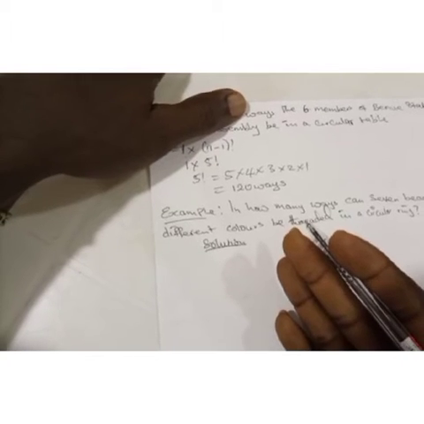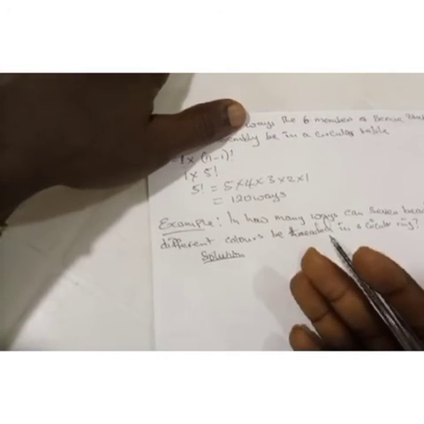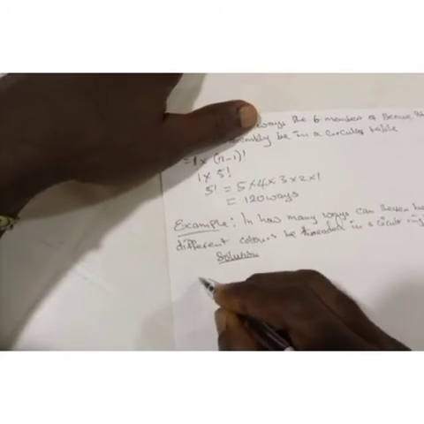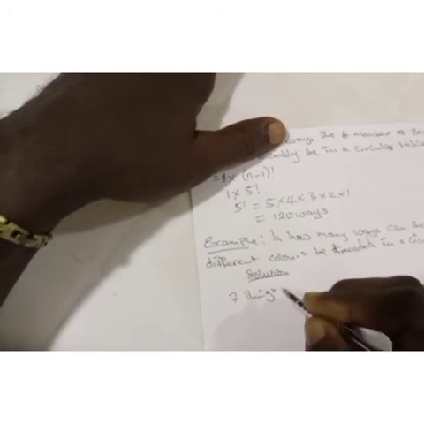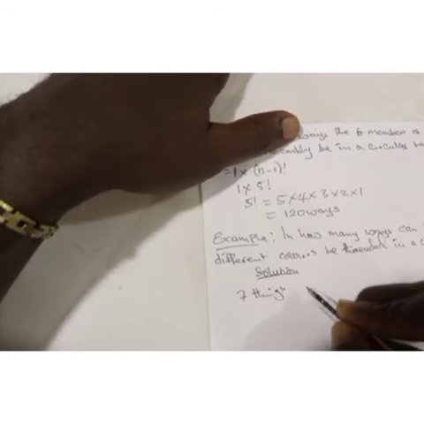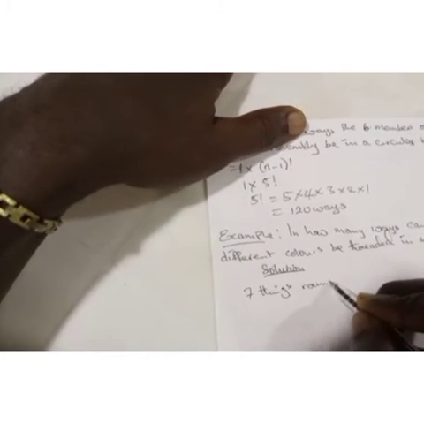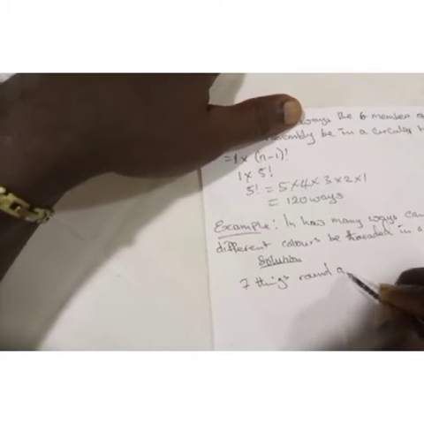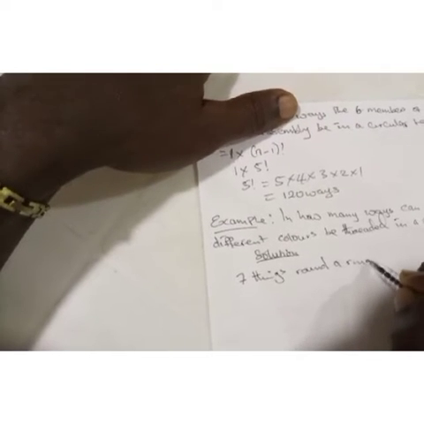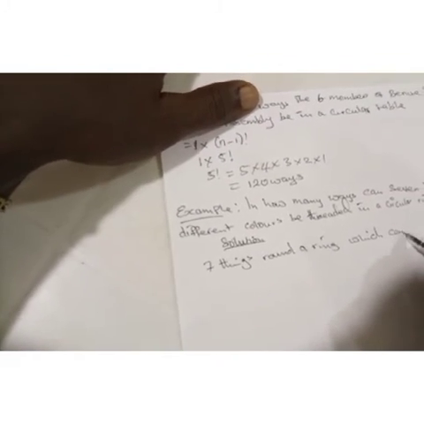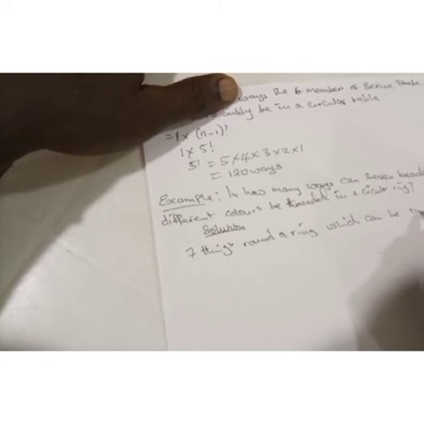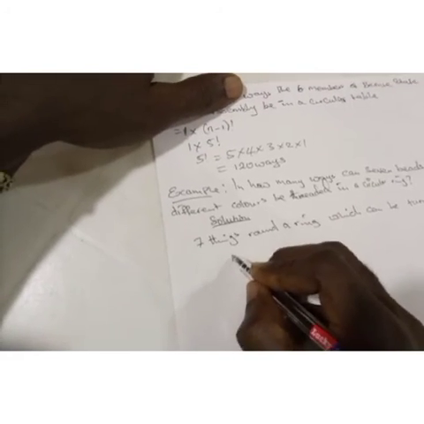Seven things round a ring which can be turned over.